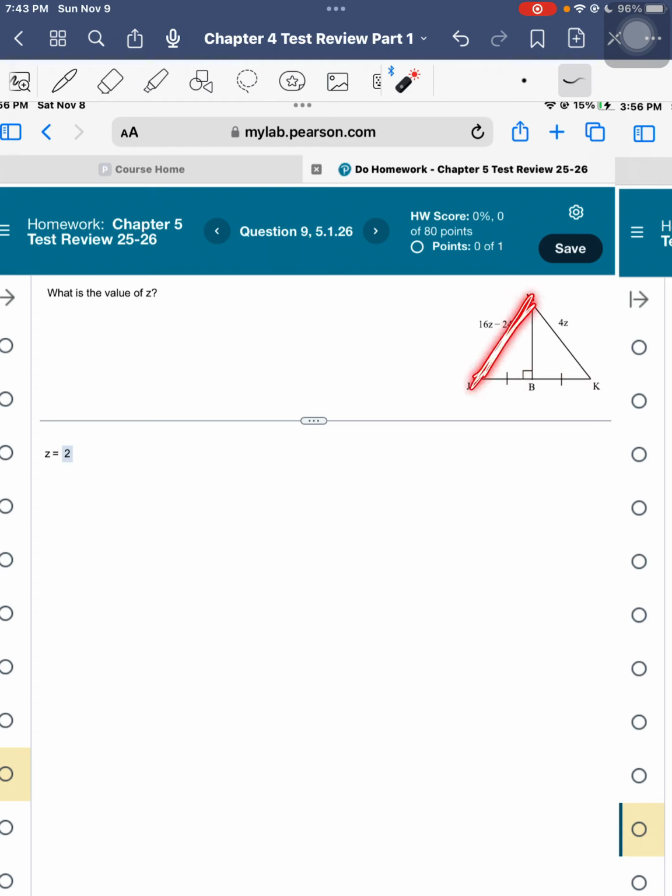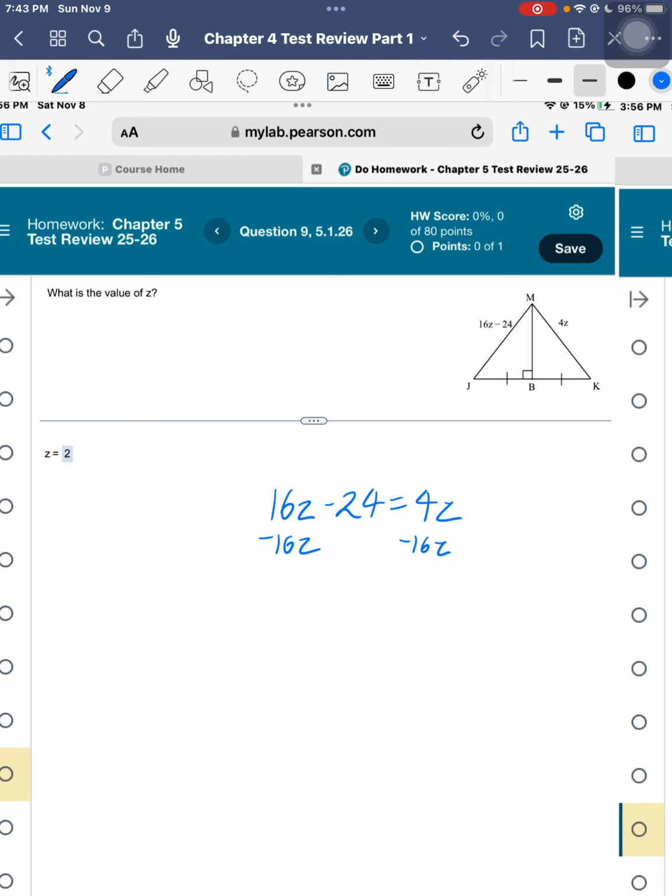So 16z minus 24 is equal to 4z. Minus 16z from both sides, negative 24 is equal to negative 12z. Divided by negative 12, your z is equal to 2.